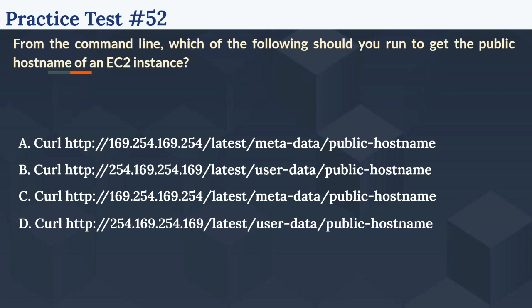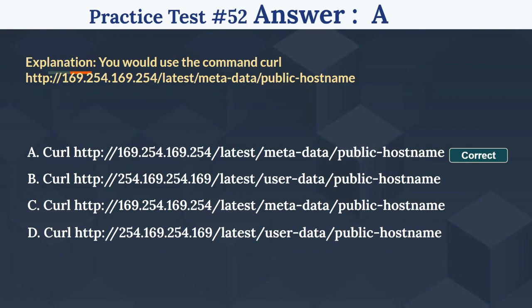Please select your answer in the next 5 seconds. 5, 4, 3, 2, 1. So the right answer is A, curl http://169.254.169.254/latest/meta-data/public-hostname.